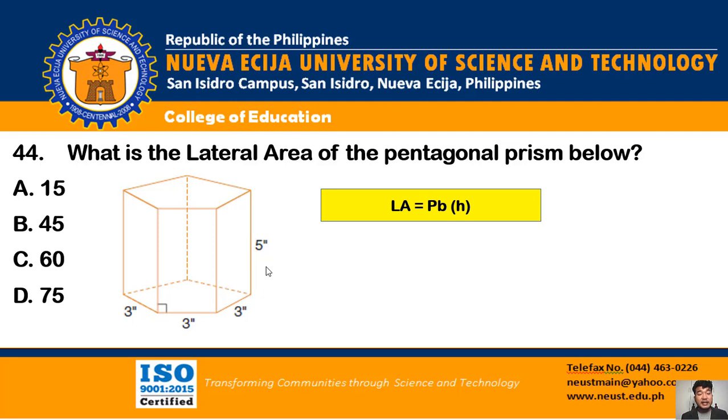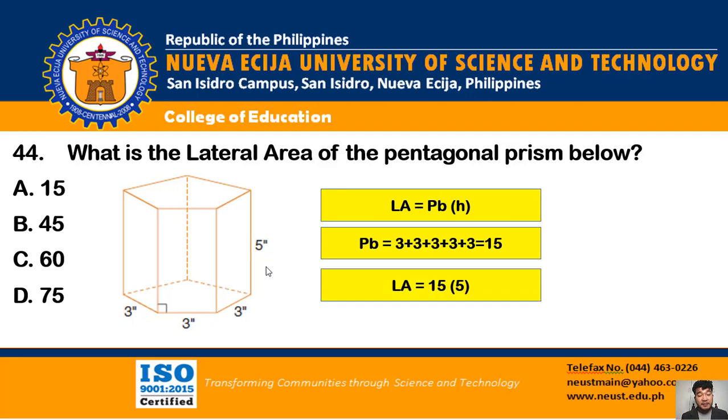So we have to find the perimeter first of the base. Perimeter is 3 plus 3 plus 3 plus 3 plus 3. That's 5 threes, which is equal to 15. And then you multiply that by 5. Lateral area is equal to 75. Take note of the formula in finding the lateral area of a prism. Lateral area is always equal to the perimeter of the base times the height.